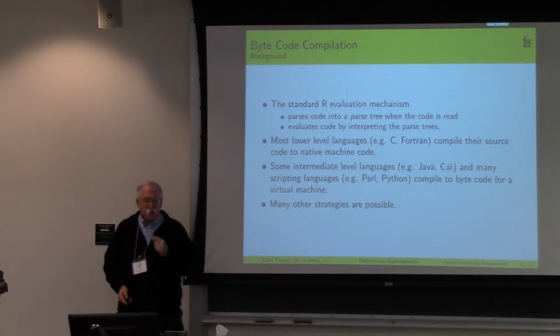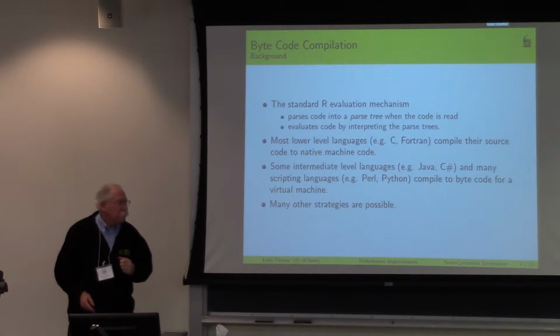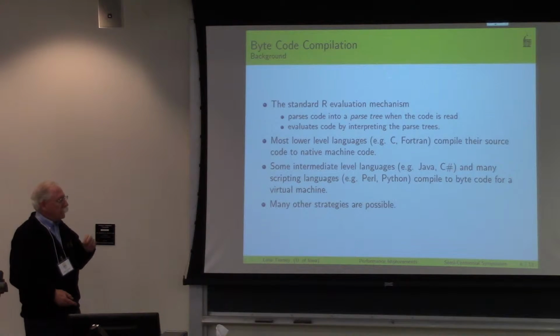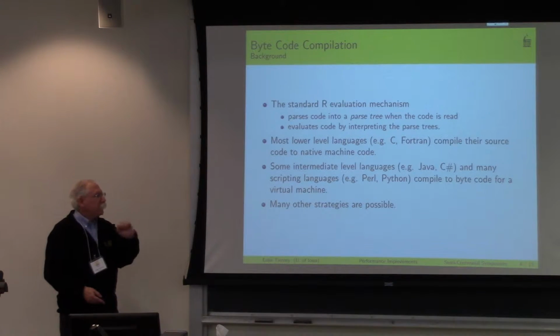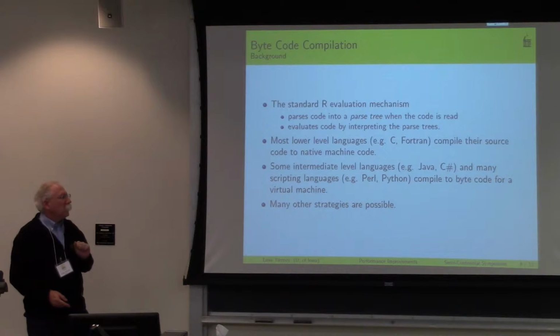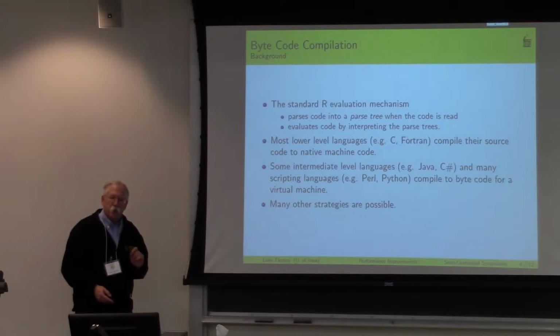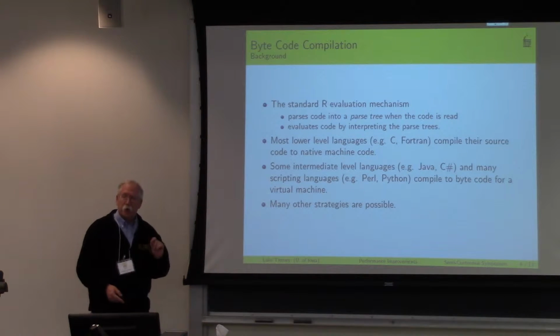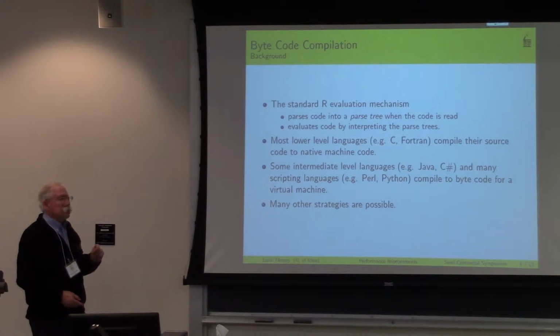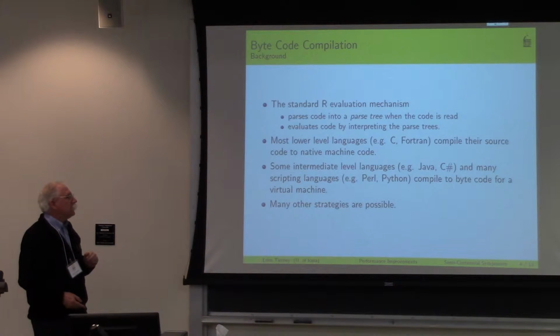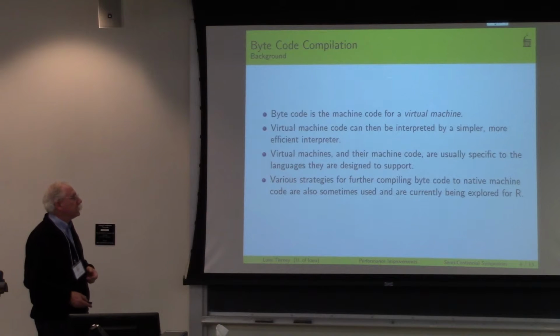An intermediate approach followed by many languages is to translate the parse tree to a sequence of instructions for a very simple machine, but one that's not typically implemented in hardware, but rather implemented by a C program. But because the machine is very simple, the C program can be very fast. The language is often referred to as bytecode, and the machine that executes the bytecode, because it's not hardware, is referred to as a virtual machine.